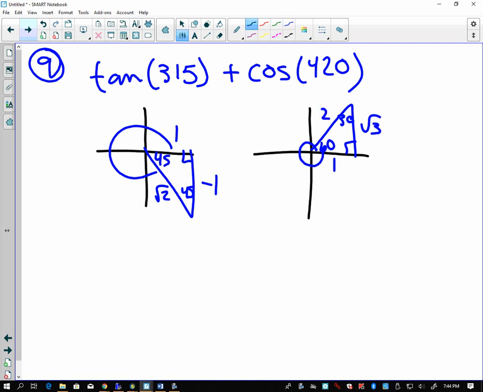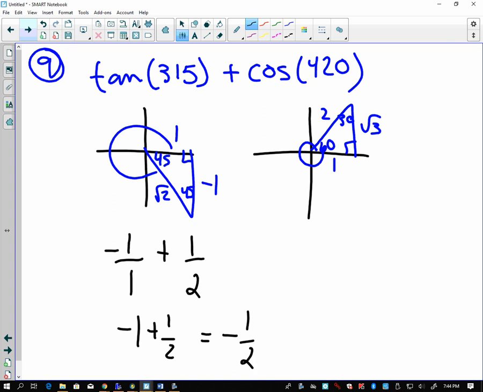Now we look at our ratios. Tangent from my reference angle is opposite over adjacent, so negative 1 over 1. Plus cosine, which is adjacent over hypotenuse, plus 1/2. So negative 1 plus 1/2 is going to be negative 1/2.